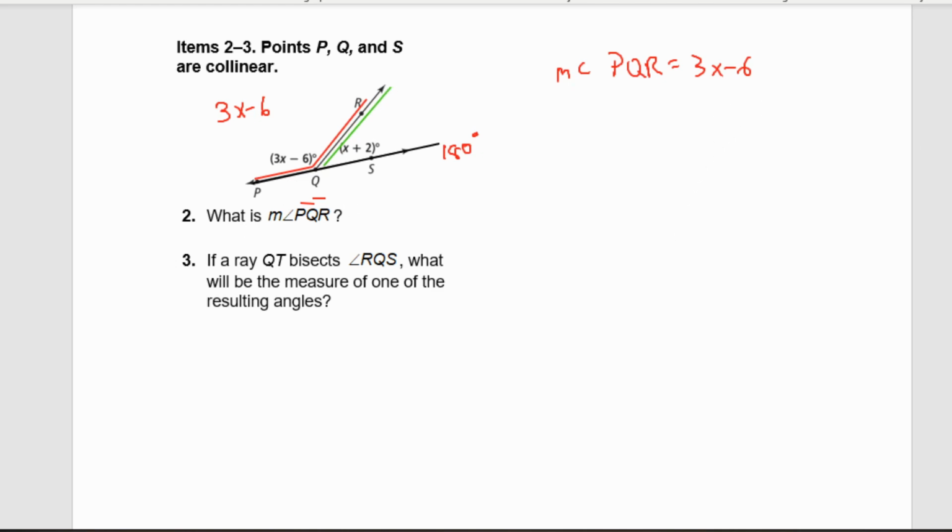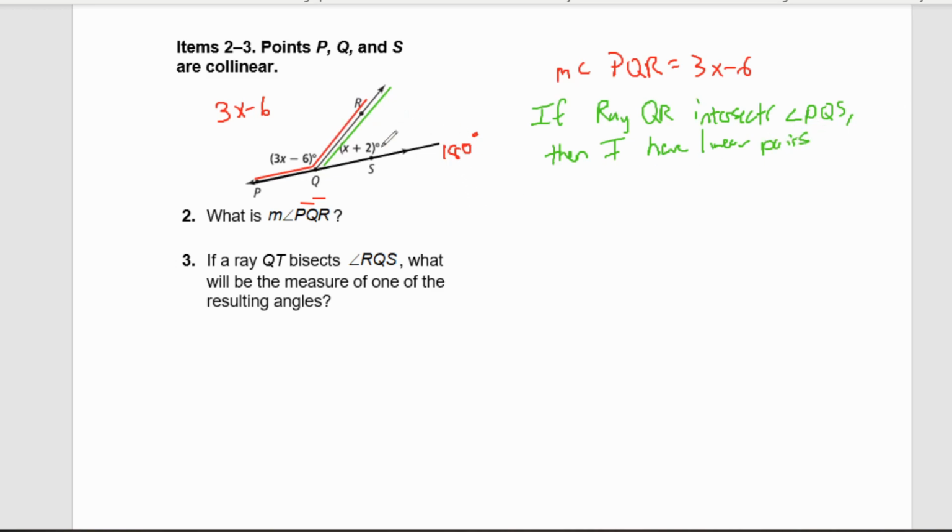So what makes me think is if ray QR intersects angle PQS, then I have linear pairs, right?